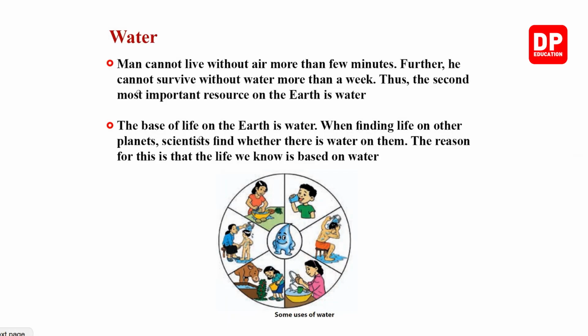So water, right? Here it is given: man cannot live without air more than a few minutes. Further, he cannot survive without water more than a week. Thus, the second most important resource on the earth is water.